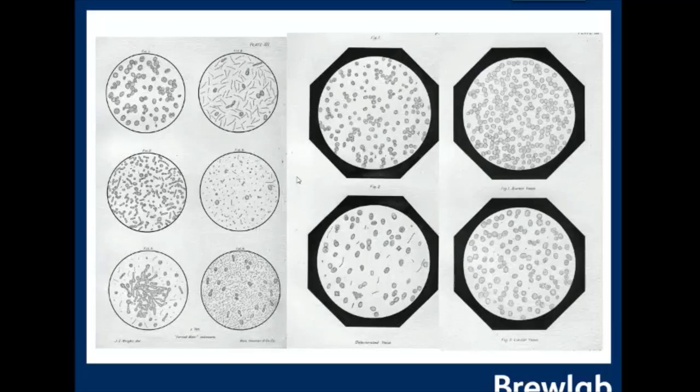And here are some images, some early photomicrographs from brewers or brewing yeast, indicating a couple of features. One is that some of these yeasts appear to be pure and some of them appear not to be pure. Some of them appear to have both a yeast and a hyphal characteristic.